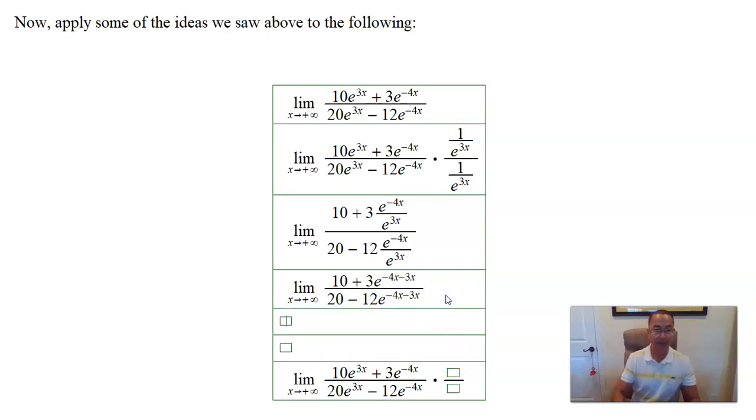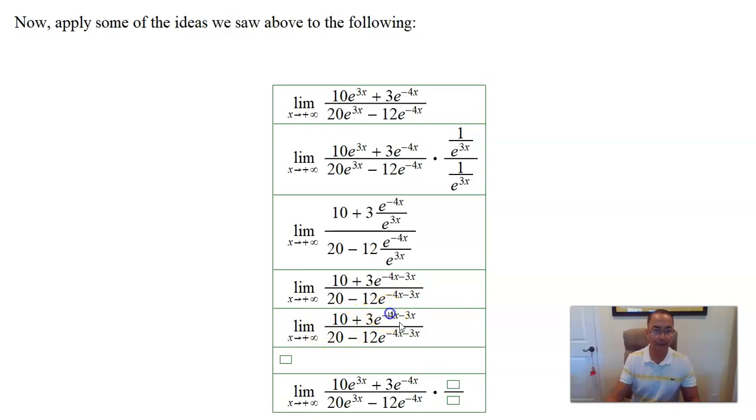Now we can simplify. That becomes e to the minus 7x in both the numerator and the denominator.